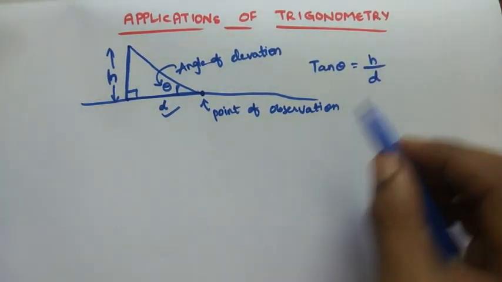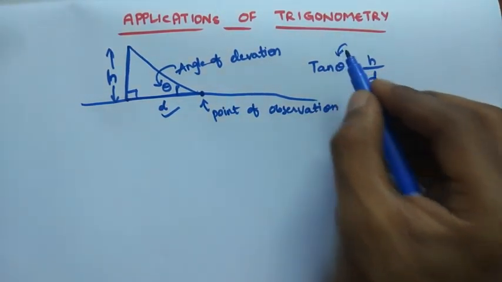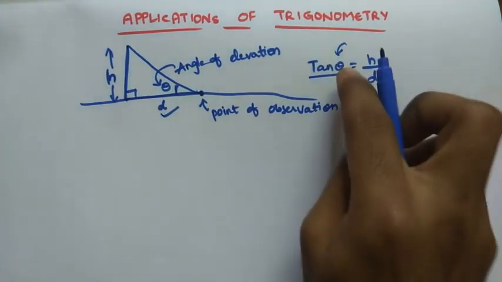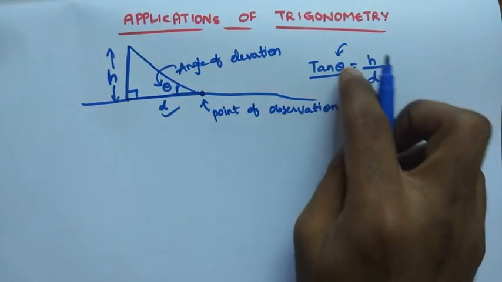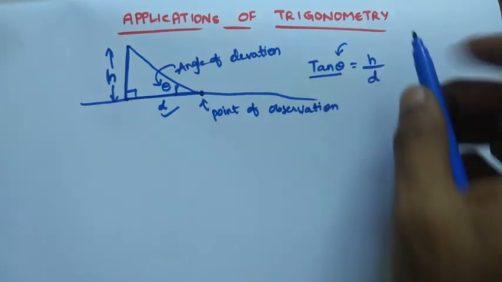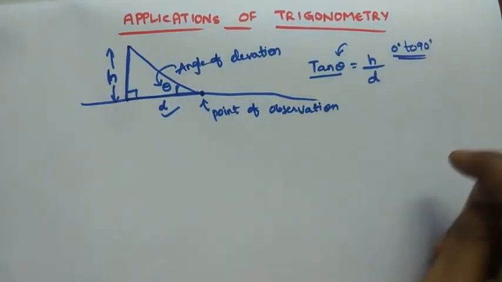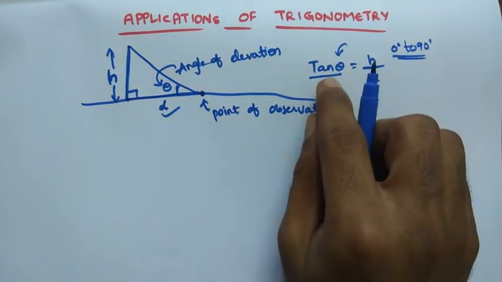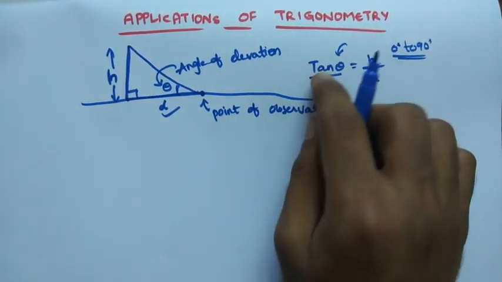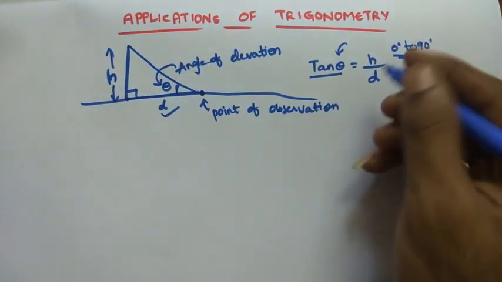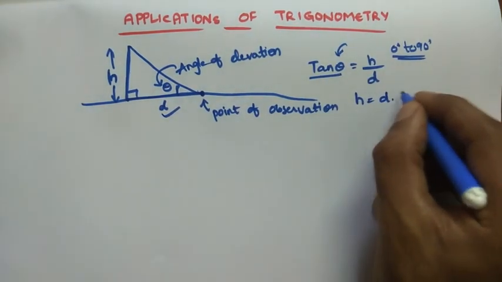So tan theta equals h by d. We know theta, so tan theta can be calculated. This theta value can take 30, 45, 60, any value from 0 to 90 degrees. So we can calculate tan theta, we know d here, so h is equal to d into tan theta.